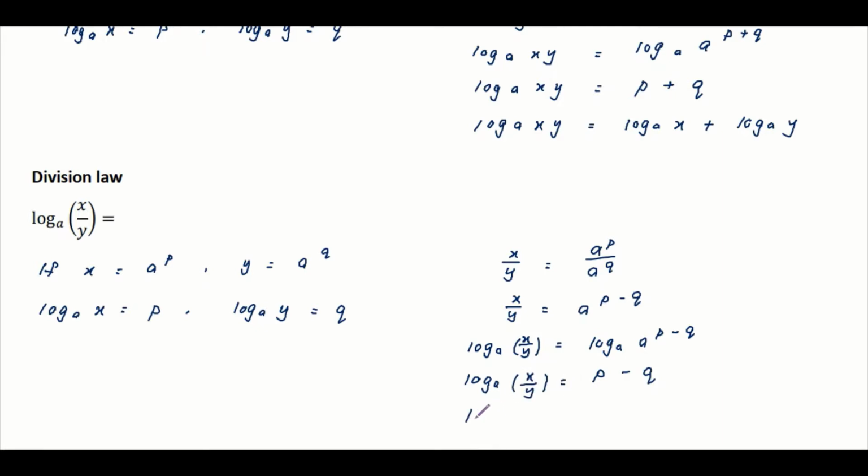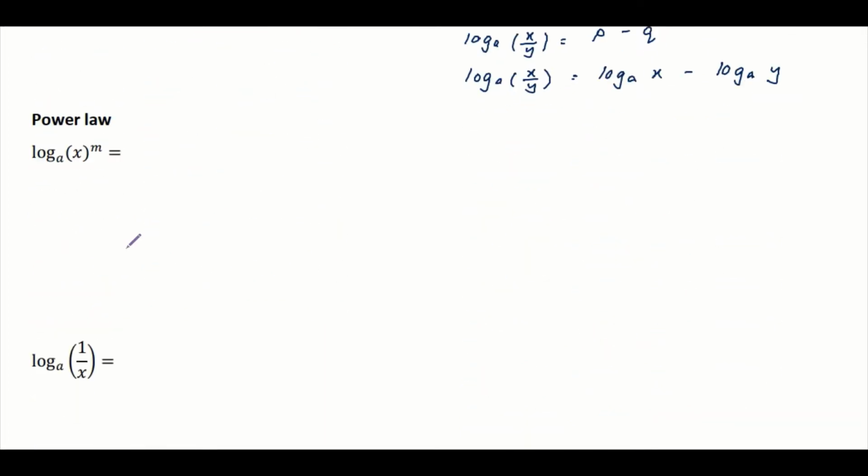Then log_a of x over y. So what is your P? Your P is log_a x, so log base a of x minus log base a of y. So you see, this is how we get our second identity, which is log_a of x over y gives you log_a x minus log_a y.